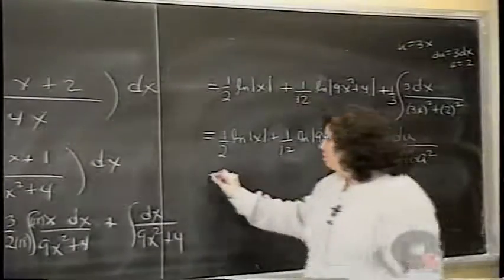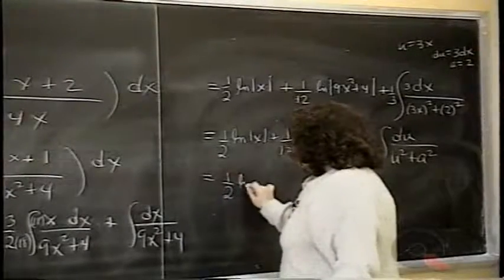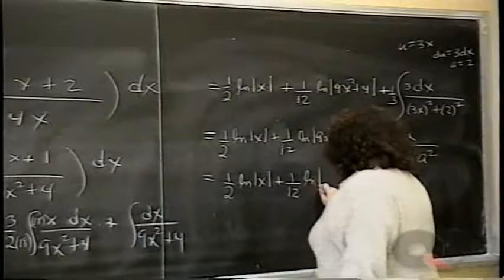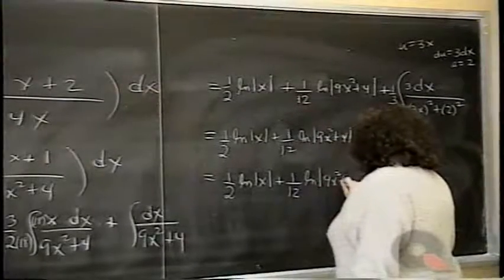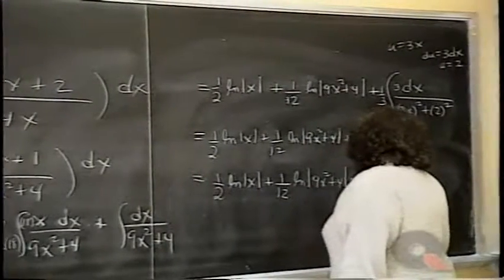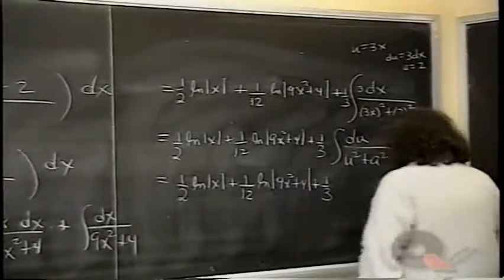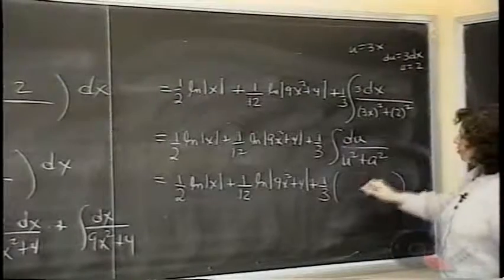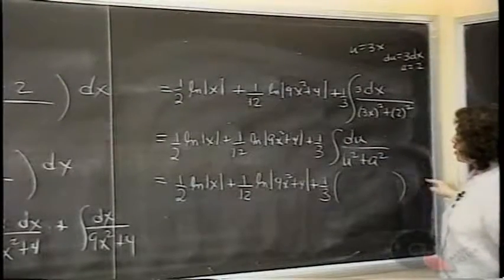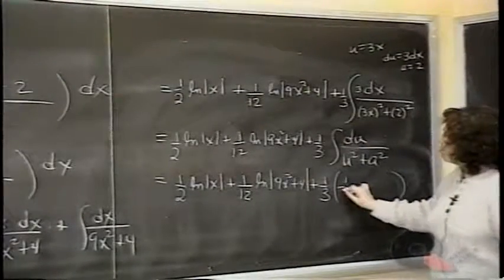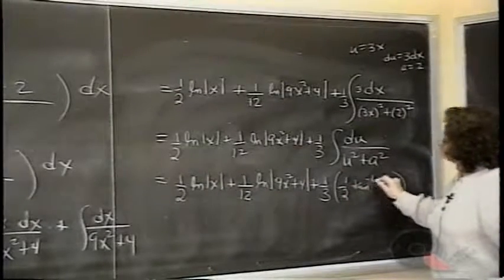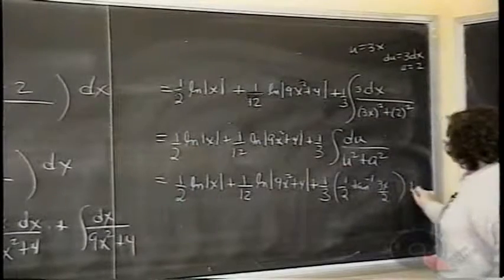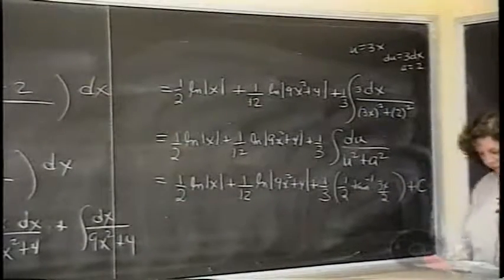So let's finish this up. 1/2 ln of the absolute value of x plus 1/12 ln of 9x squared plus 4 plus 1/3 times 1 over a inverse tan u over a plus c, or 1 over 2 inverse tan u over a, where u over a is 3x over 2, plus c.